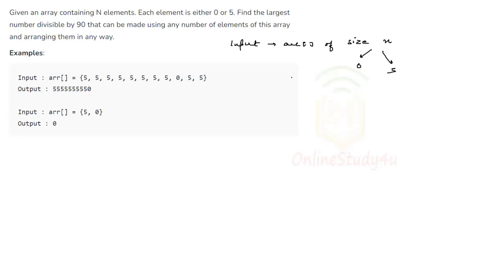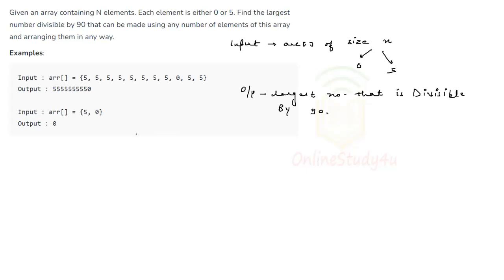So you have to find out the largest number that is divisible by 90. Correct?